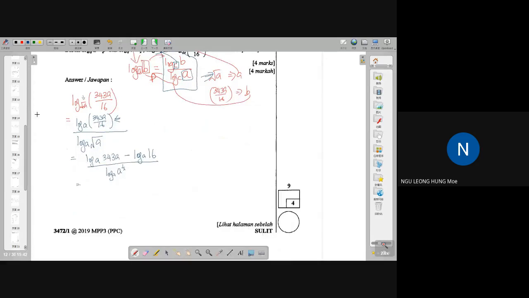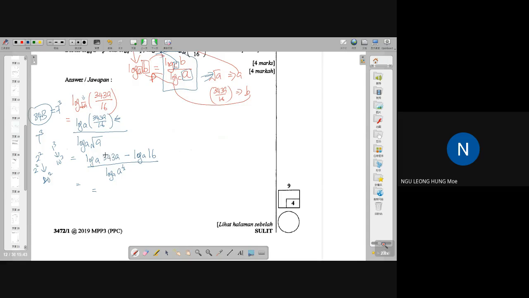And 343, this number you have to be familiar, di mana all the square number 2 square until 20 square. Kamu kena hafal. And then cube, 1 cube until 10 cube. You have to memorize. Dan kita tahu 343 equal to 7 cube.